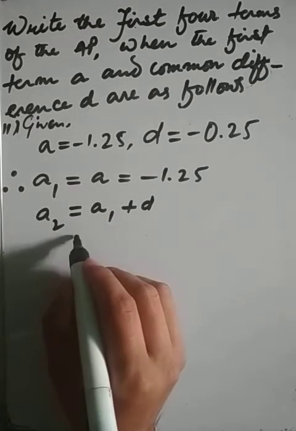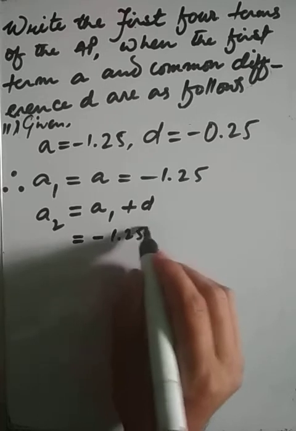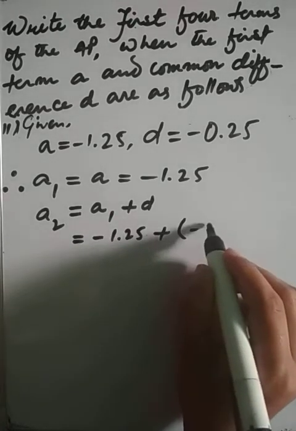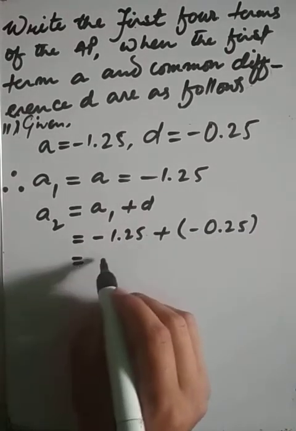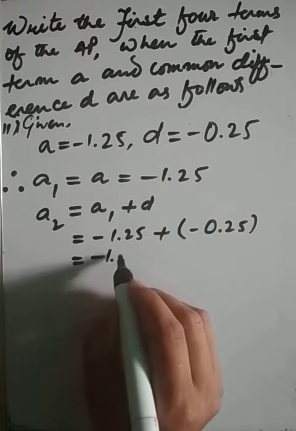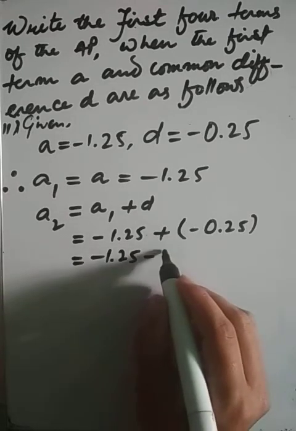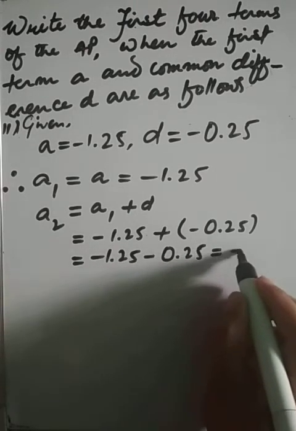So here a1 means minus 1.25 plus the value of d is minus 0.25. So we get here minus 1.25 plus into minus, minus, it will be now 0.25, equal to minus 1.50.